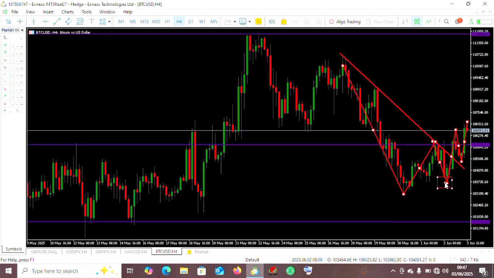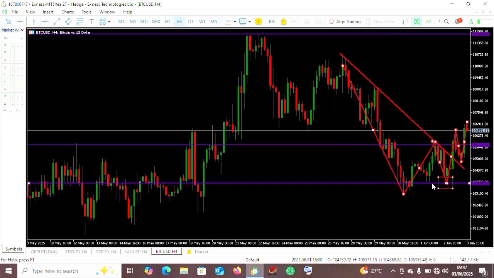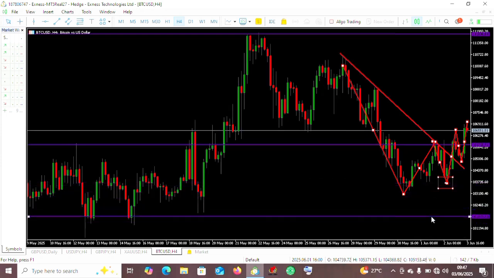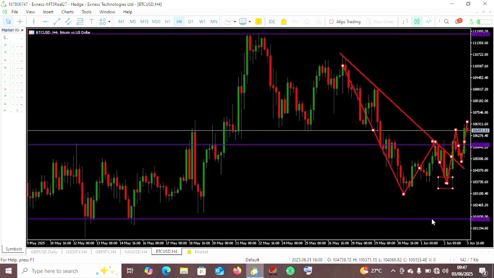This is the second leg of the W, giving you a double bottom. So you have seen that this part now gives us a double bottom. Secondly, our valid trend line was broken and retested above.